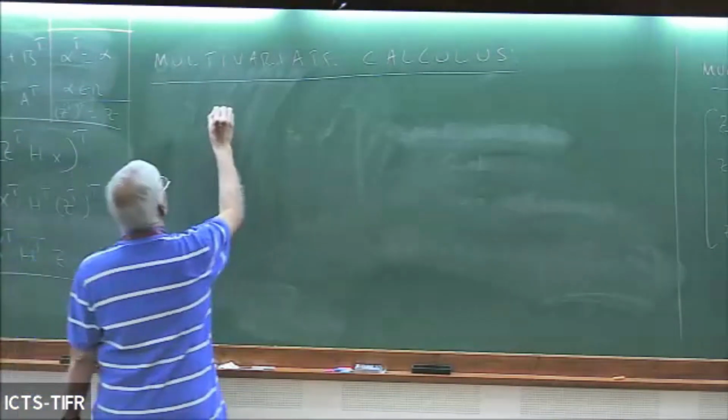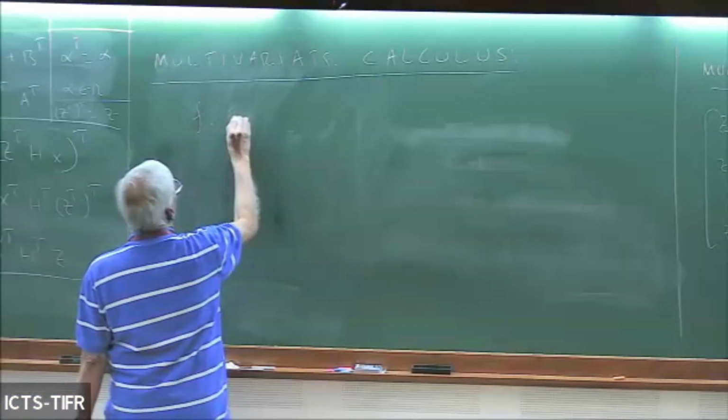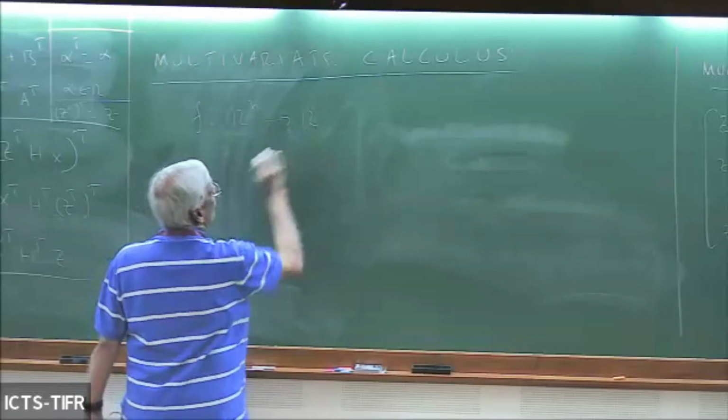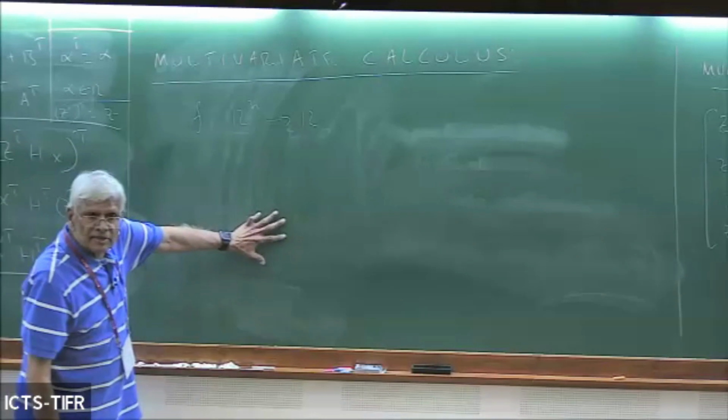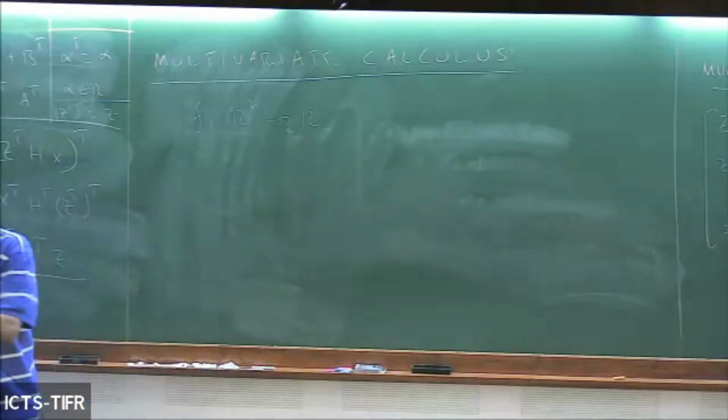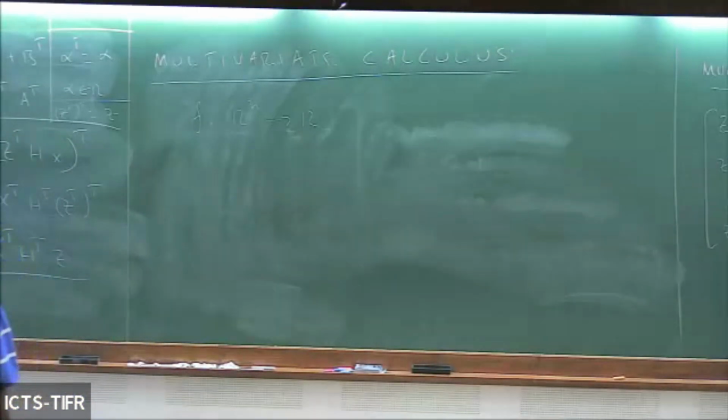So let f be a function from Rn to R. So I'm talking about a general form. I want to develop the theory of multivariate calculus before I come back here. I put it on hold. What is it that I need to do to be able to minimize? What do I fall back on? I fall back on multivariate calculus.